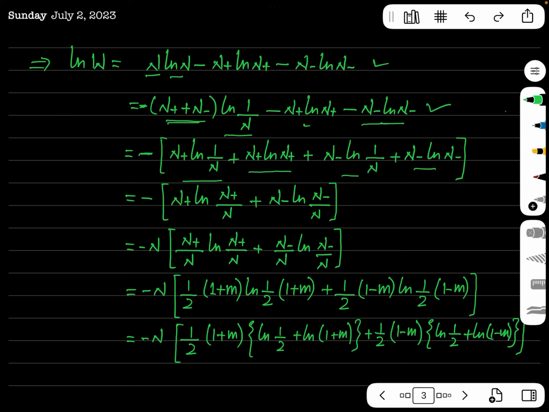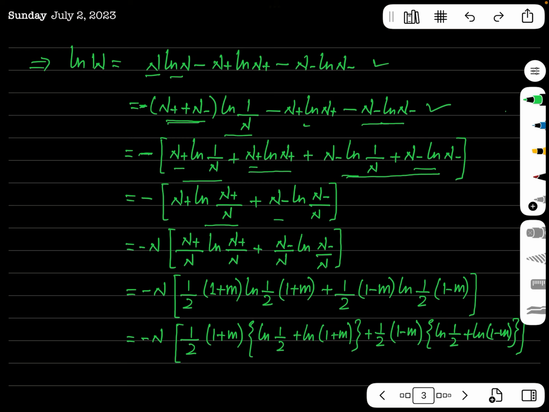Now you know that log a plus log b is log a times b. So you can take this n plus as a common factor, and the remaining terms will be ln 1 by n plus ln n plus, and that will be written as ln n plus by n. And similarly the sum of these last two terms will be written as n minus ln n minus by n.